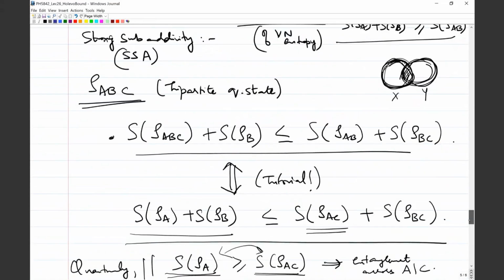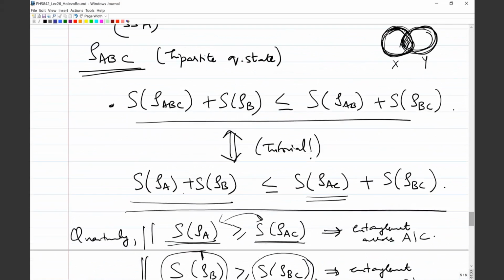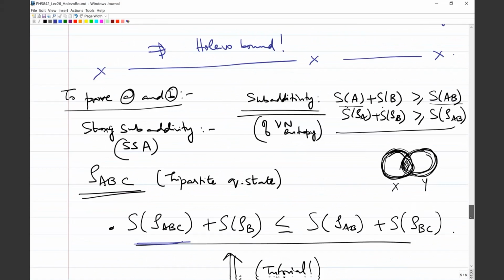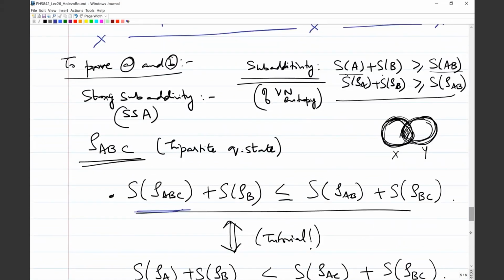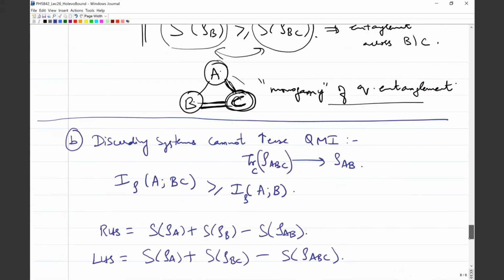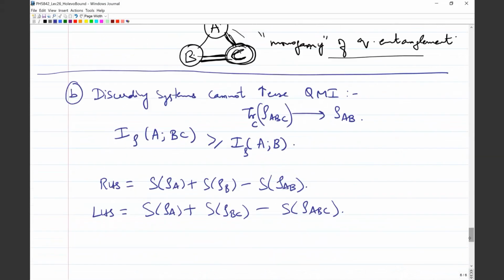So let me just replace the tripartite mutual information from the subadditivity inequality. Does the sign work out in the right way then? Yeah. So SSA tells me that rho ABC plus rho B is less than or equal to rho AB plus rho BC, right?